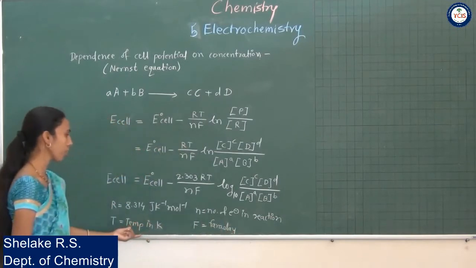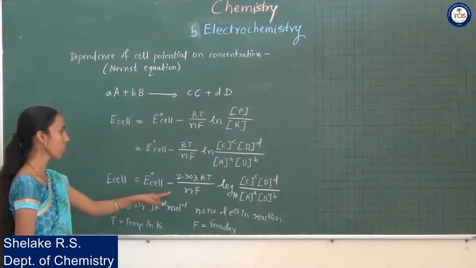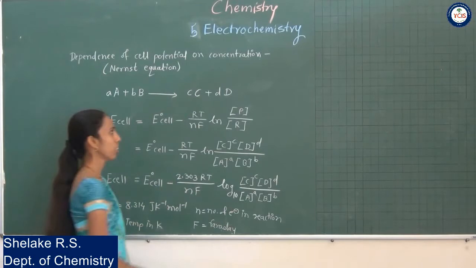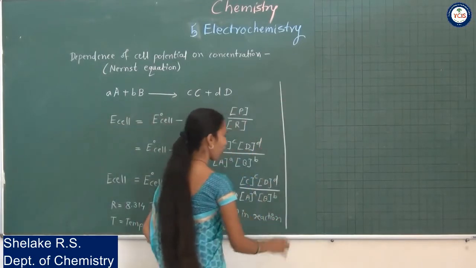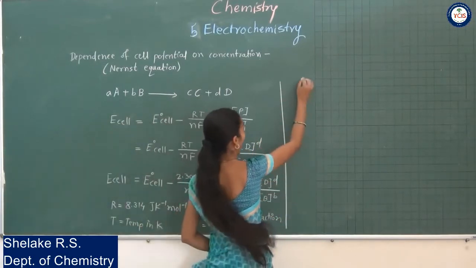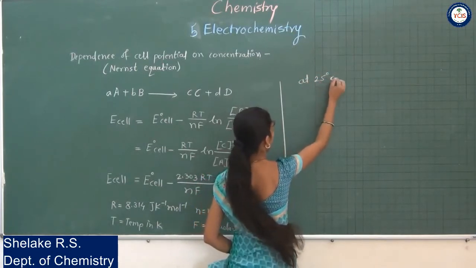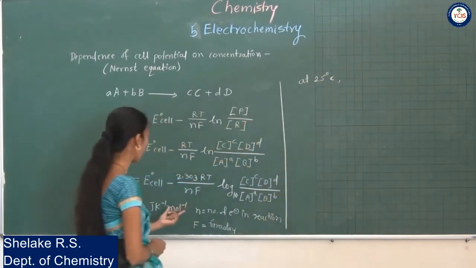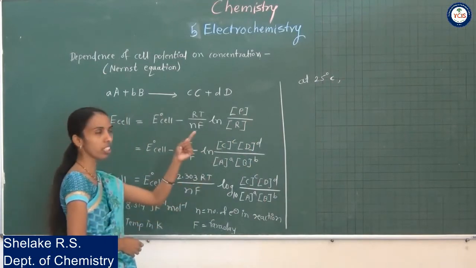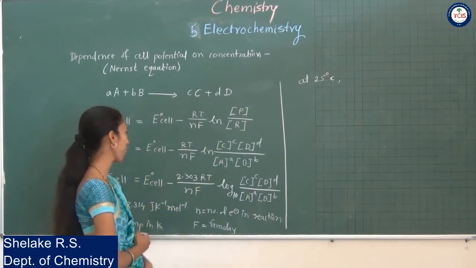Now suppose we have taken the temperature 25 degrees Celsius. We can convert this formula at 25 degrees Celsius. Instead of a general temperature, we take 25 degrees Celsius.